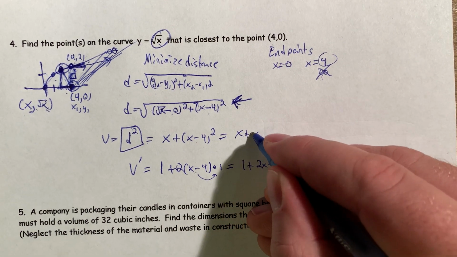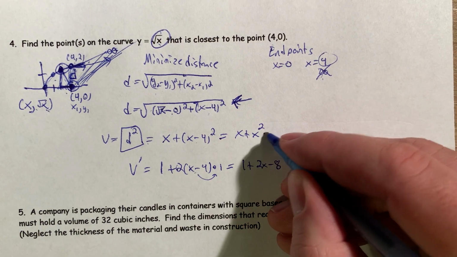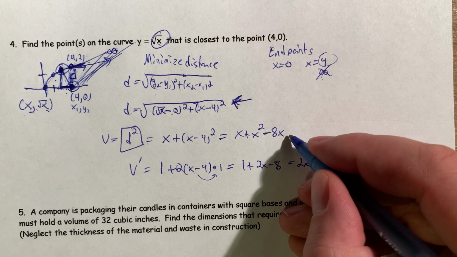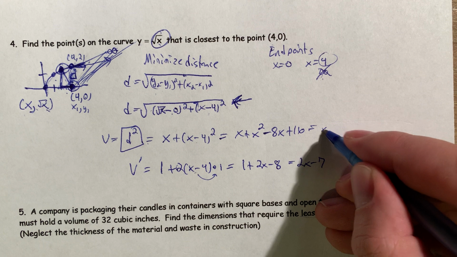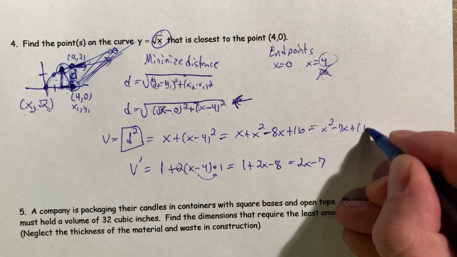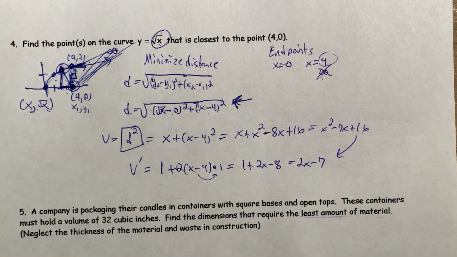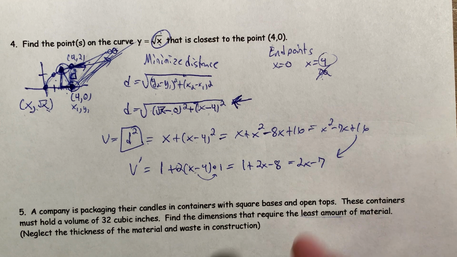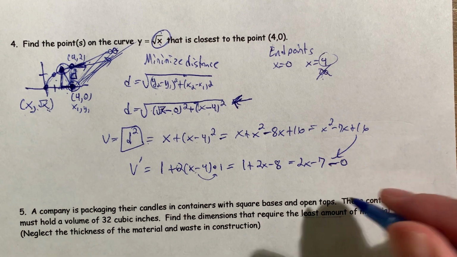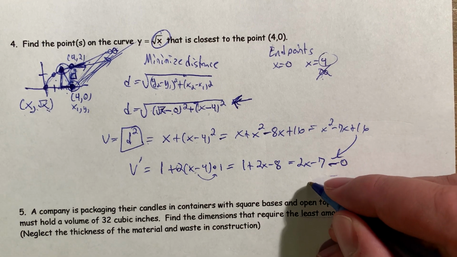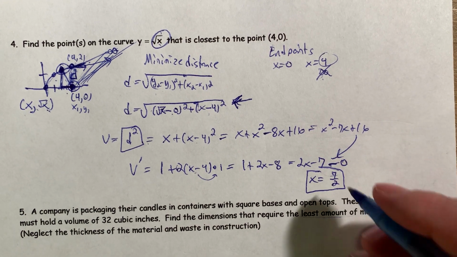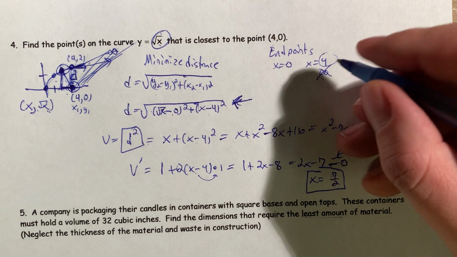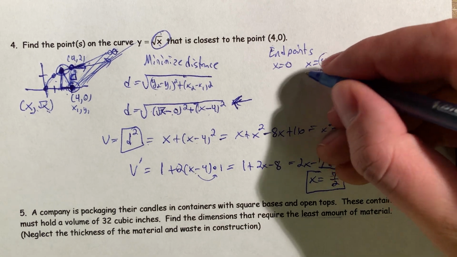So do x plus squaring a binomial, you square the first one, multiply these two together and double it, and then square the last one, and then take the derivative of this more simplified version. Either way, you'll end up with the derivative is 2x minus 7. And so where is that equal to 0? Well, you add 7 and divide by 2, and so we get 7 halves. So x is 7 halves, so 3.5.